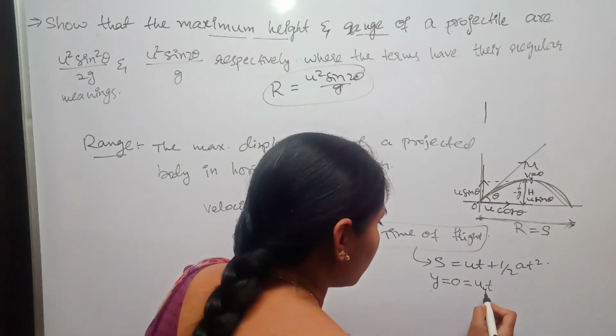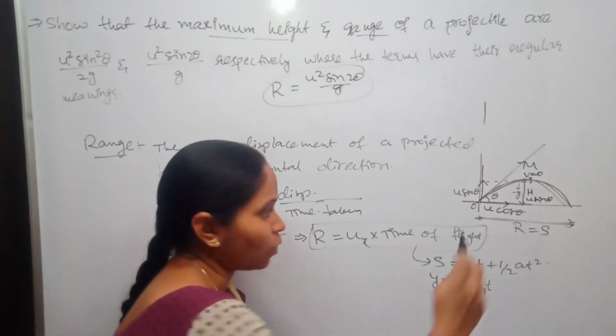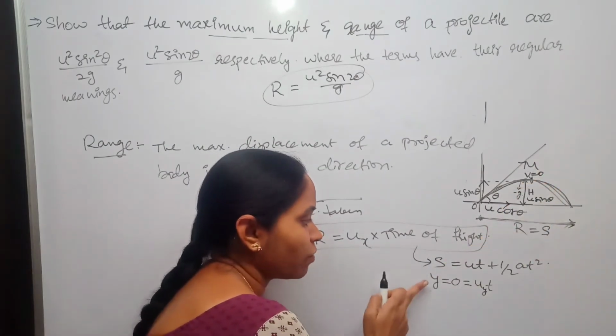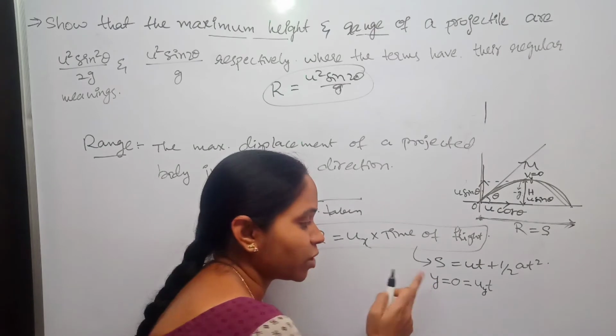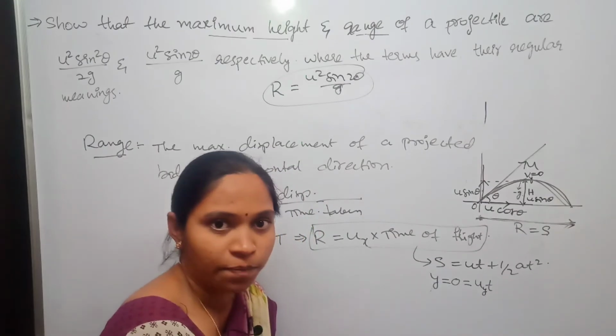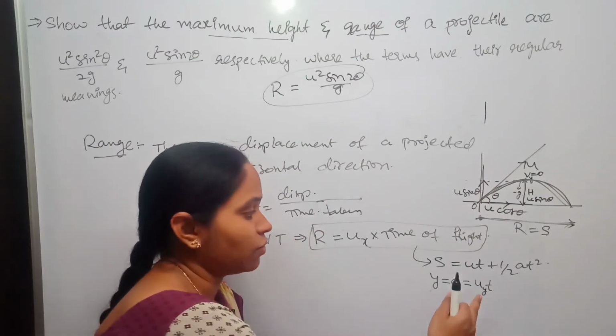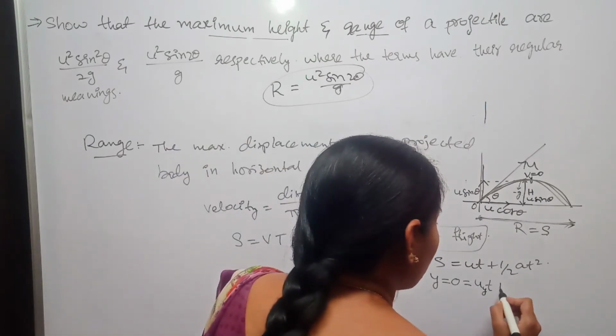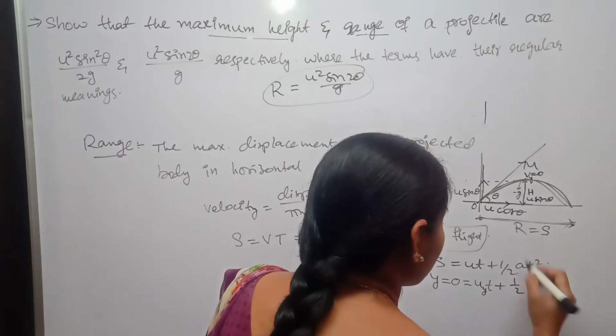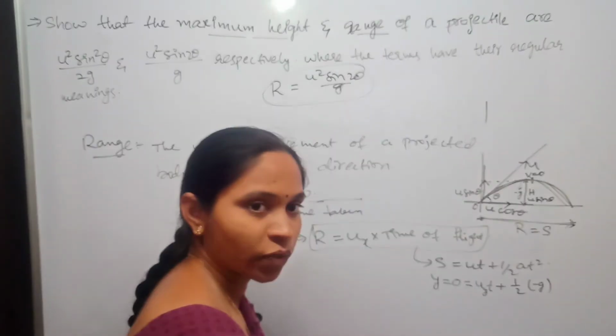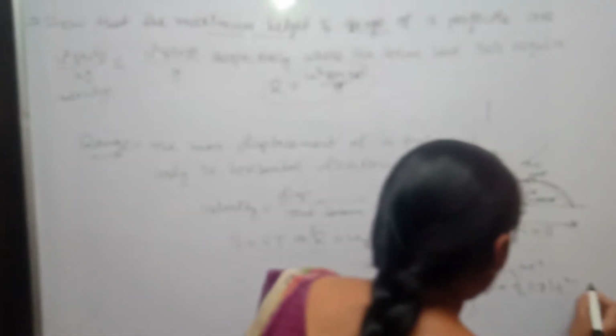This u will be uy, the vertical component, because I had taken the displacement along vertical direction, which is equal to 0, and the vertical velocity plus half into acceleration, which is minus g, into time taken t square.